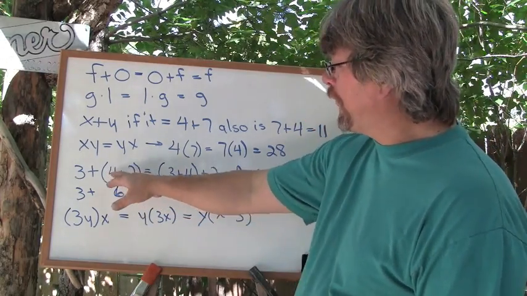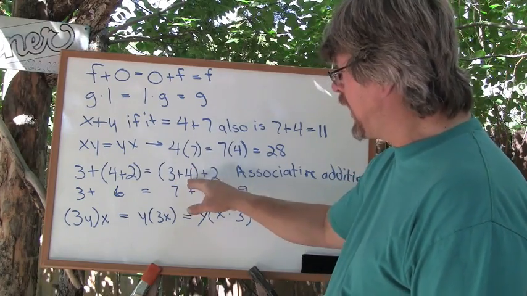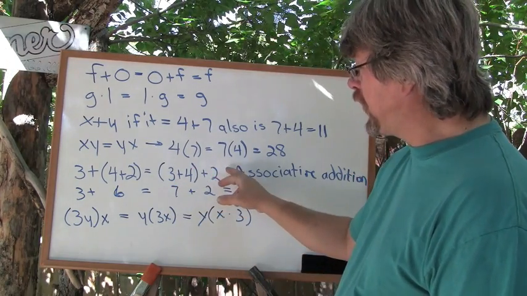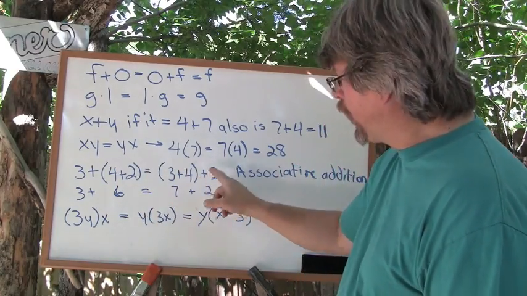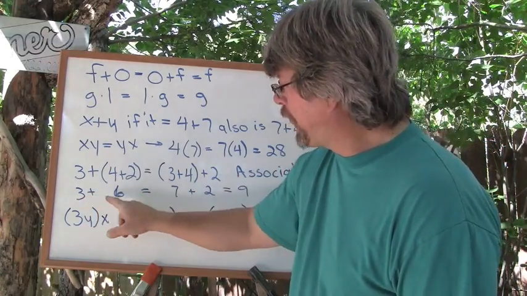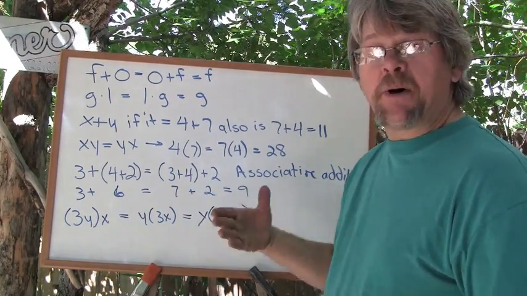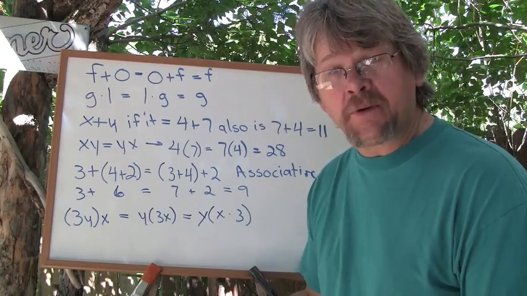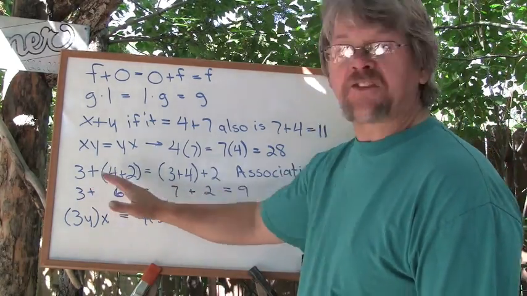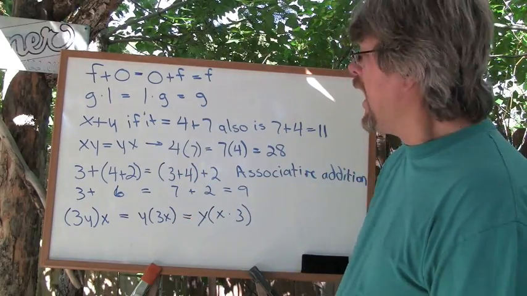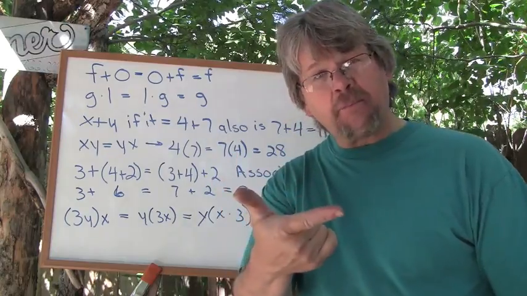We put 4 and 2 together here. Well, if we put 3 and 4 together in the parentheses plus 2, it's the same 3 numbers, 3, 4, and 2, but this one equals 3 plus 6, and this one equals 7 plus 2. But they both equal the same number, 9, right? This is the associative principle of addition.